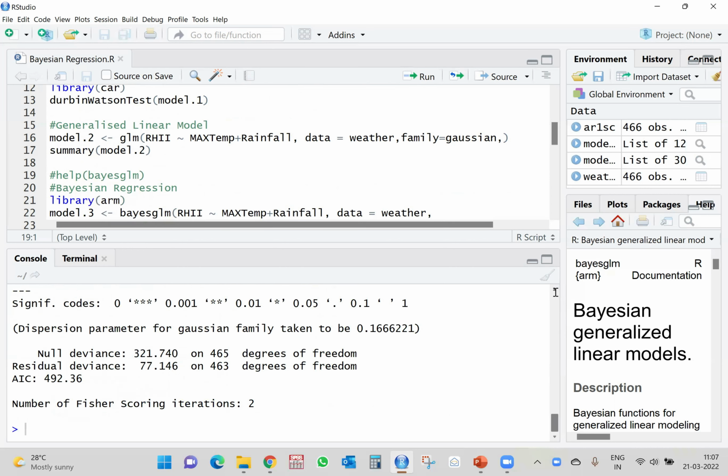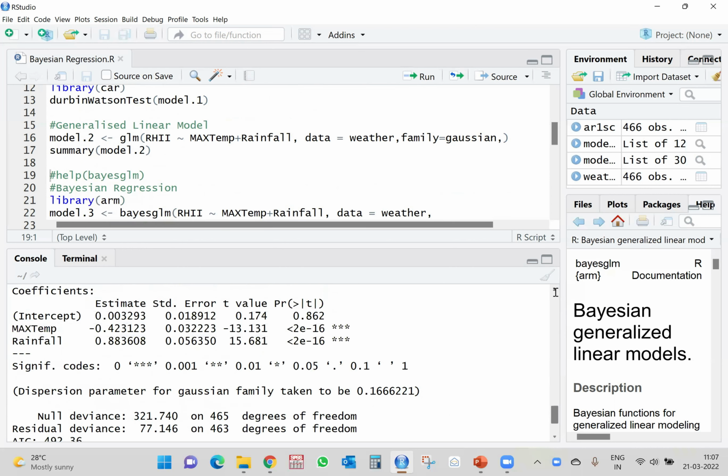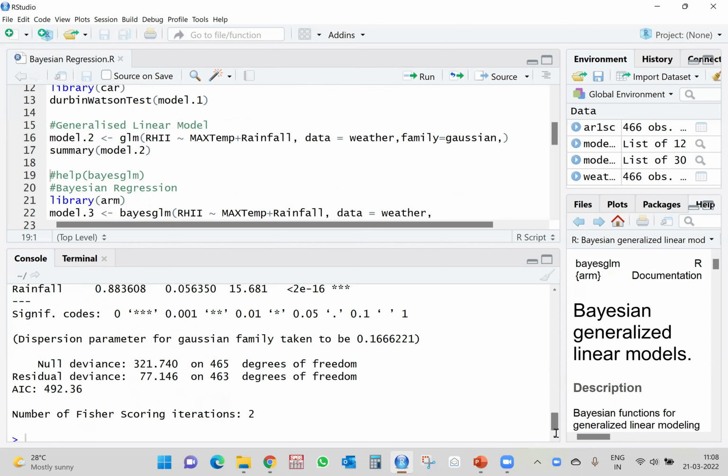Here we get more or less the same values for the regression coefficients. If you browse through the OLS values, the regression coefficients are significant. But instead of ANOVA, what we get is maximum likelihood estimates.